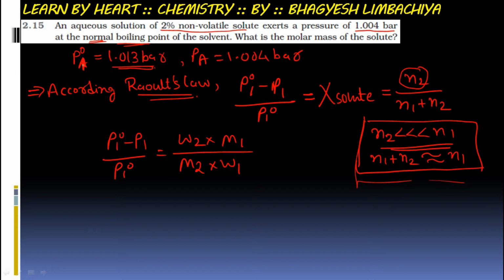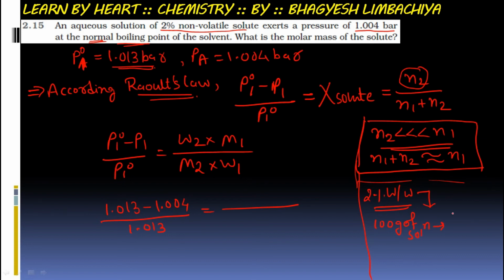Here we are getting P1⁰, that is 1.013 minus 1.004, and it is divided by 1.013. Here you are given a 2% solution. So a 2% W by W aqueous solution means 100 gram of solution contains 2 gram of solute.